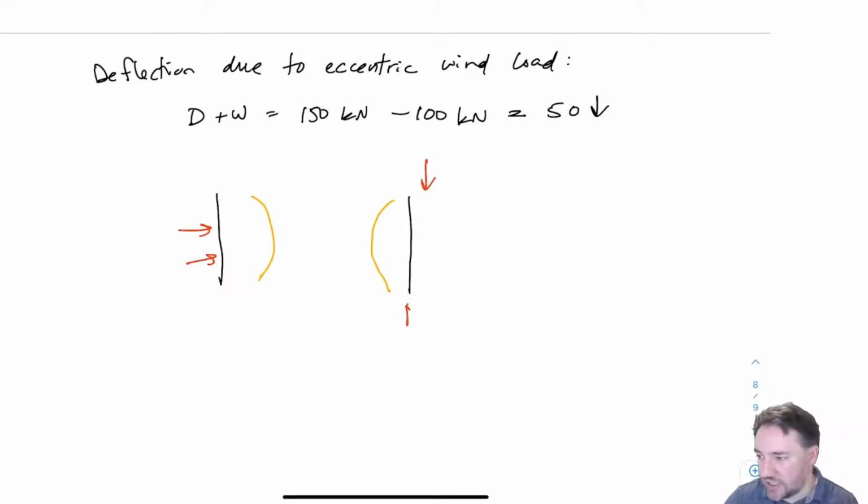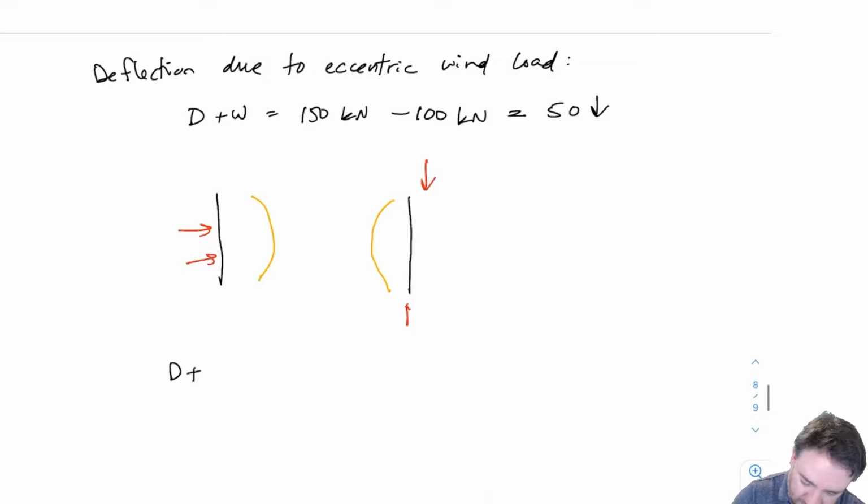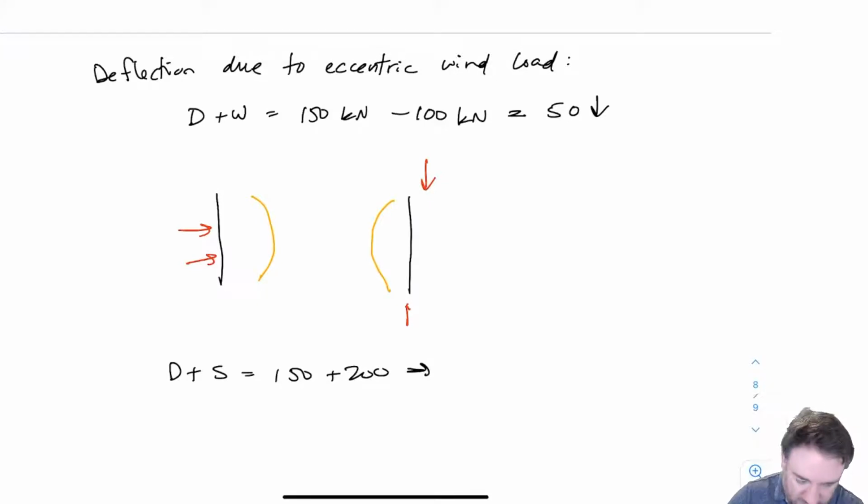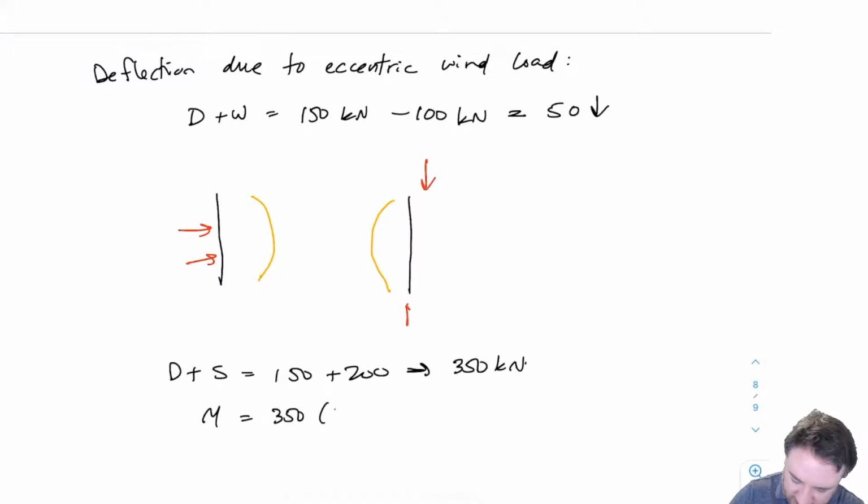If we did look at the worst case of that, which would be just dead plus snow, basically. So dead plus snow is 150 plus 200. These are unfactored loads, right, which is 350. And remember, the moment caused by that is going to be 350 times e, and e is 0.04 meters.